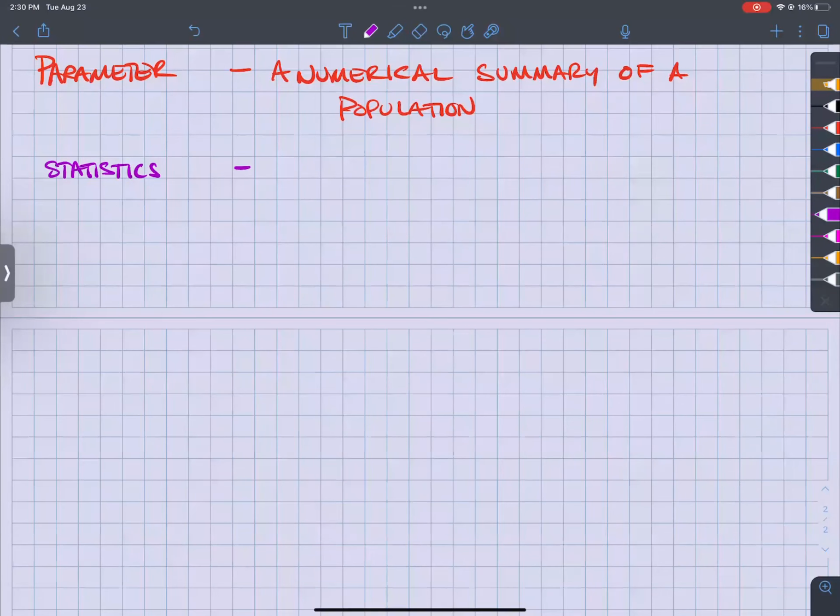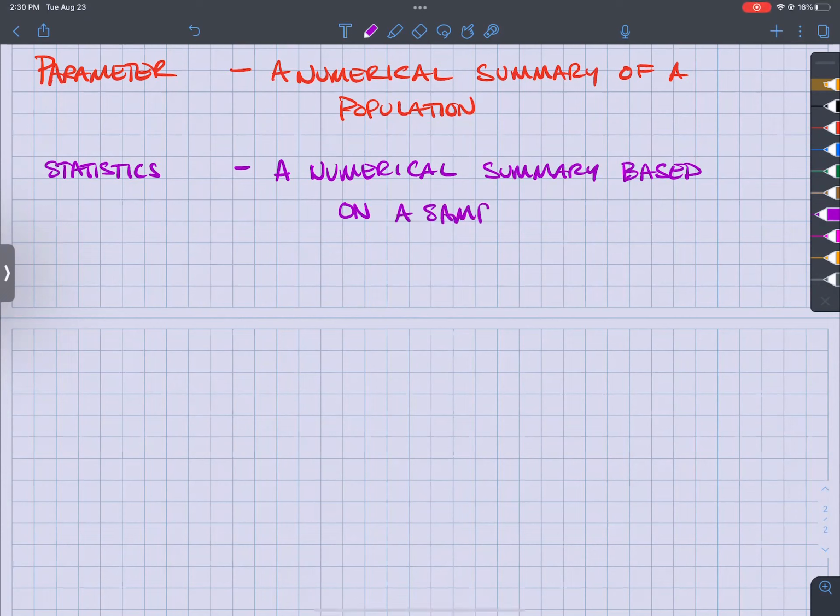The short version of statistics is that it is a summary based on a sample.